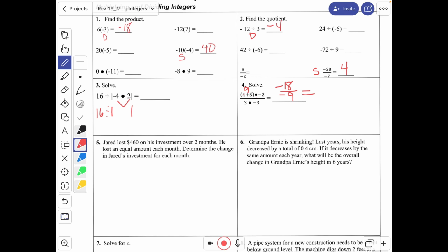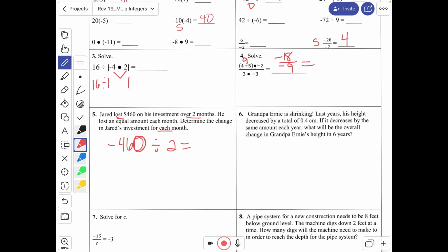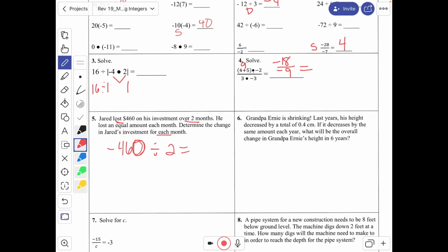Number 5, Jared lost $460. Lost means negative. Over 2 months. Determine the change in Jared's investment for each month. So each is in the question. That means it's probably division. Number 6, my favorite question. Grandpa Ernie is shrinking.